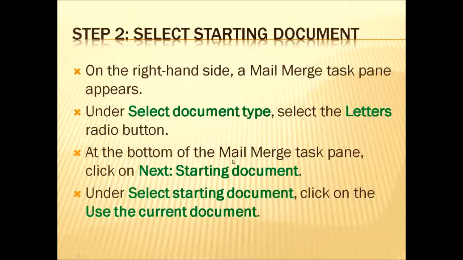At the bottom of the mail merge task pane, click on next starting document. Under select starting document, click on use the current document. After clicking on next starting document, the next screen will be displayed.